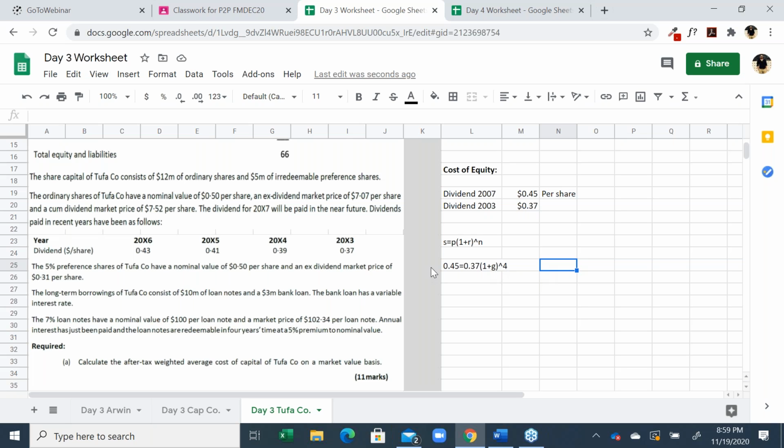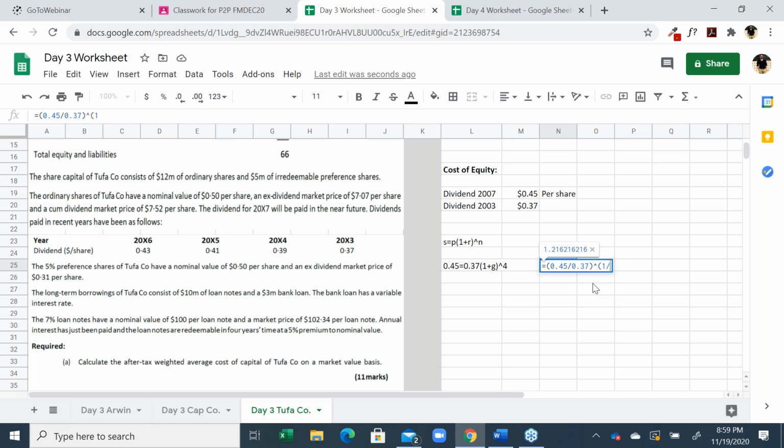So let's rearrange this. I have to divide 0.45 by 0.37, because this has to be divided on the other side. 0.45 divided by 0.37. So if I divide it here, I'll be left with 1 plus g raised to the power 4. So to cancel this power, I have to take 1 upon 4 as power on the other side.